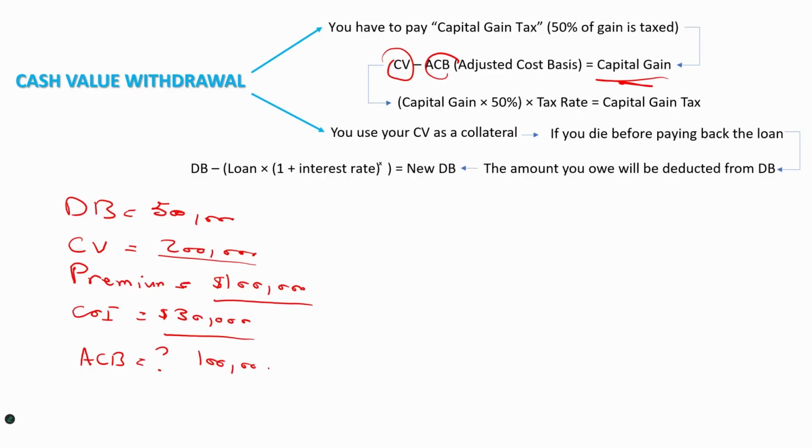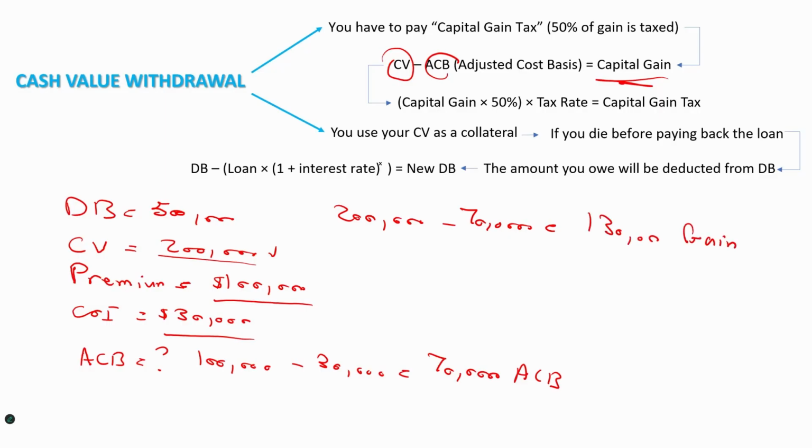So it's $100,000 minus $30,000, and that is $70,000. So this is my ACB. This amount of money was invested, and now I have $200,000. So I will do $200,000 minus $70,000. It is going to be $130,000. This is my gain.